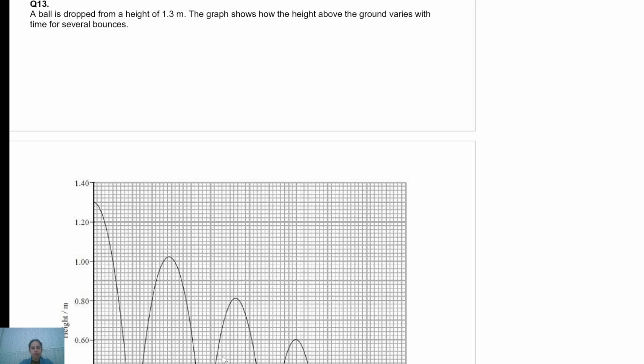I have 10 lines between 1 and 1.2, so 0.2 divided by 10, 0.02. So this one is 1.02. Yeah, that's right, 1.02.